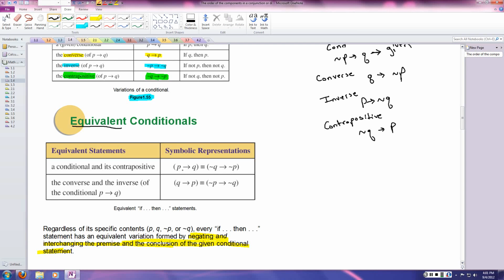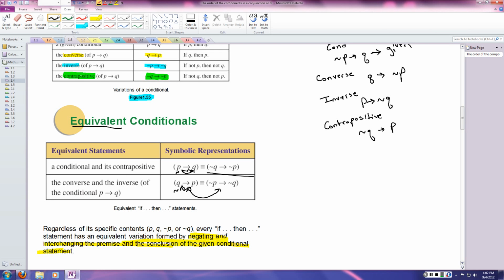So if I flip this and I negate it, I get the contrapositive of the original statement. So anytime you negate and interchange the premise and the conclusion, you will get an equivalent conditional.